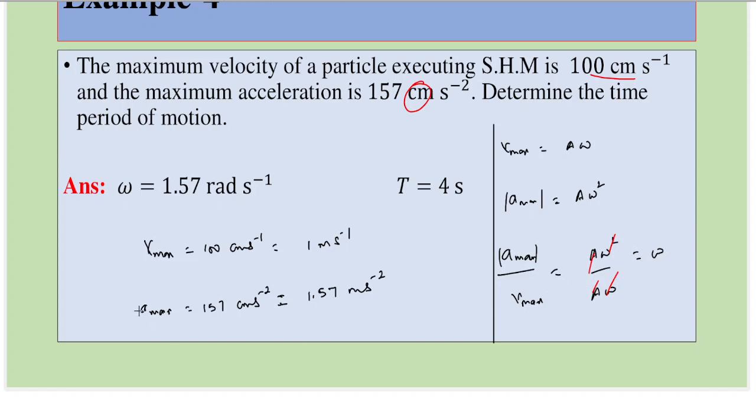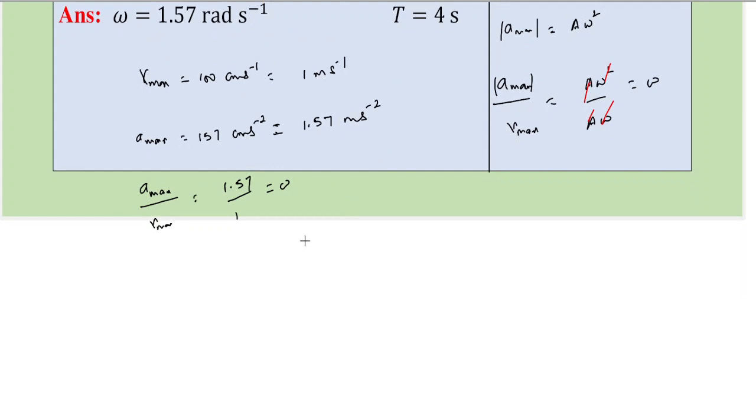So 1.57 by 1 is equal to omega. Therefore omega is equal to 1.57 radian per second. But what we wanted is time period. We know that time period is equal to 2 pi by omega. It will be 2 into 3.14 by 1.57. This is approximately equal to 4 seconds. This is the time period.